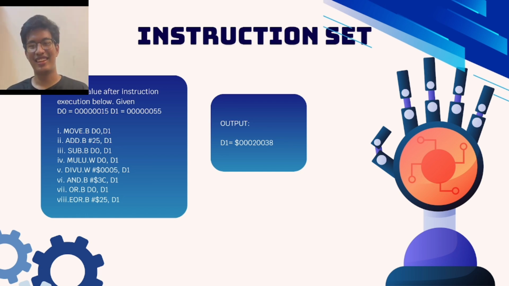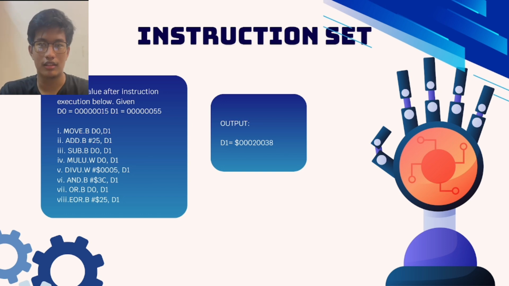The fifth instruction: D1 long word, which is 00000309, divided by 0005 word. 0309 in hexadecimal turns into decimal, which equals 777. 777 divided by 5 equals 155 with a remainder of 2. 155 decimal will be translated into hexadecimal, which equals 9B.